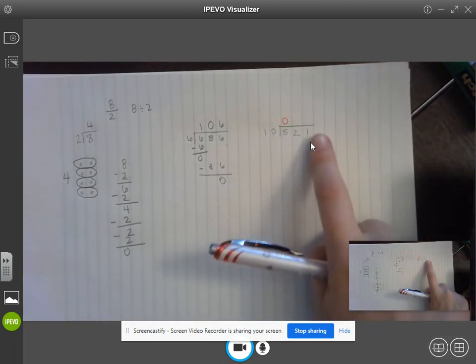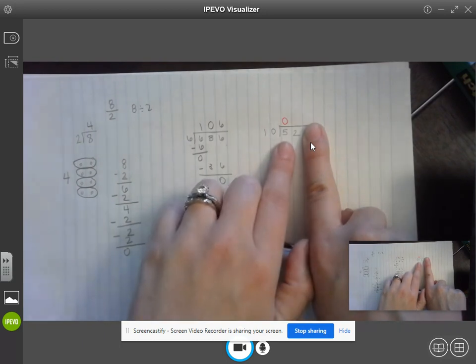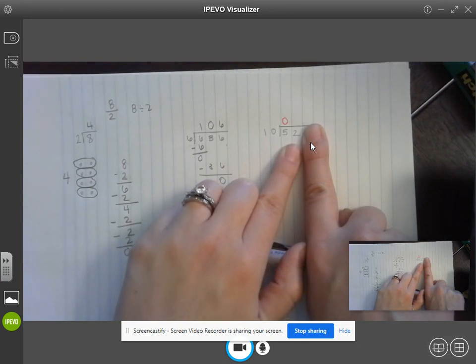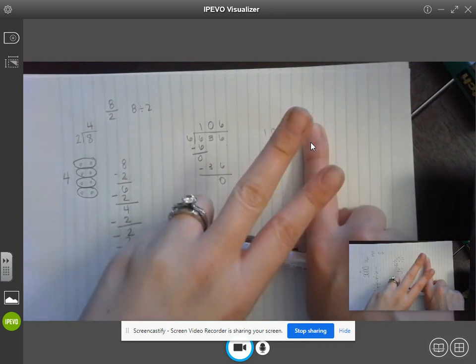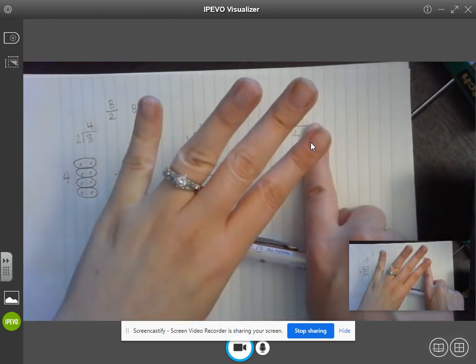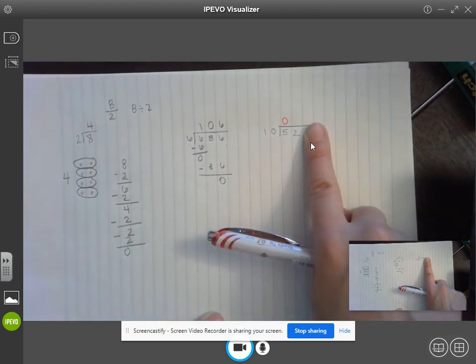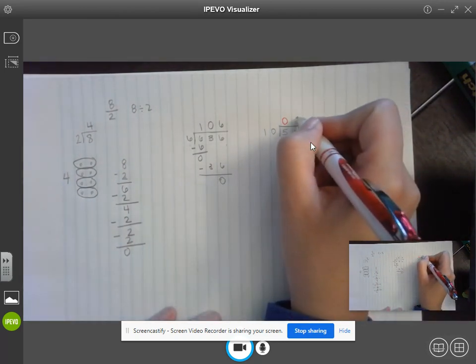Okay, let's move on to the tens place. Can 10 go into 52? How many times could I subtract 10 from 52? Well, 10, 20, 30, 40, 50. I could subtract it 5 times. So we'll put a 5 up here.